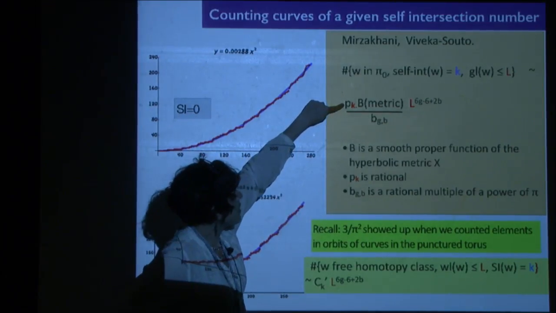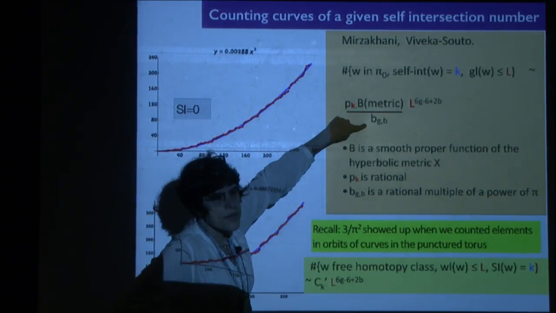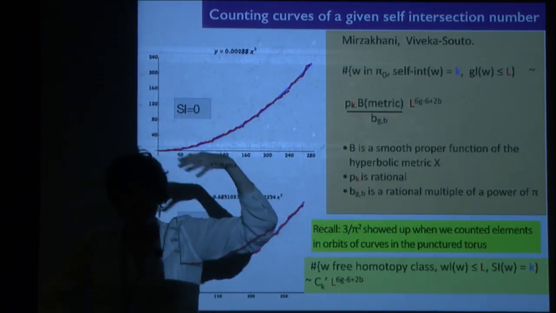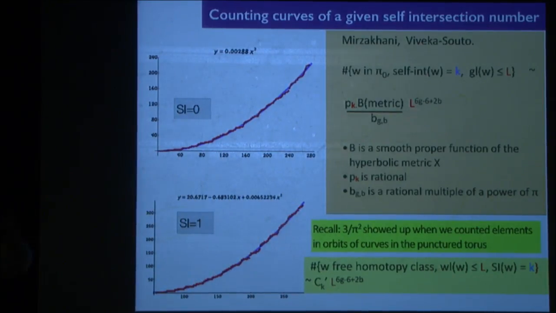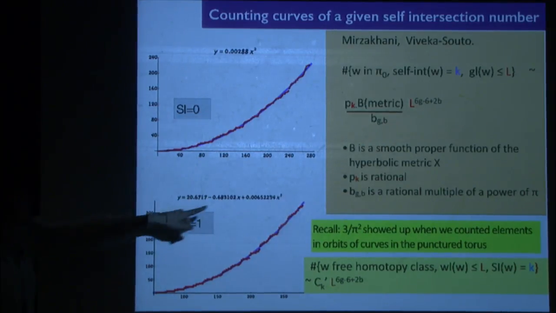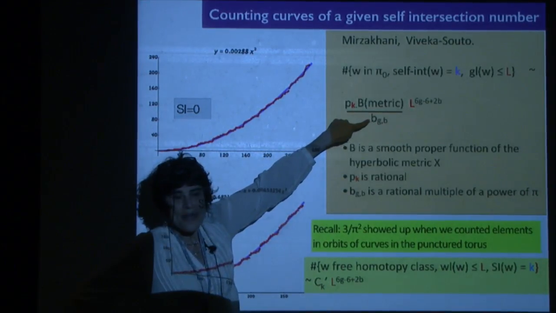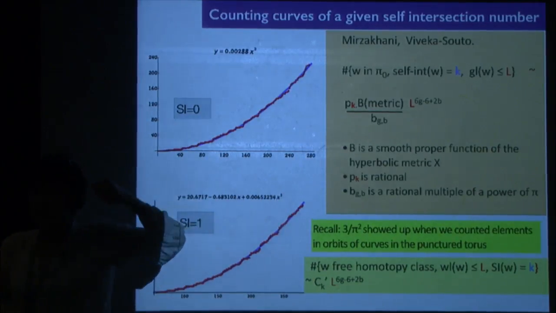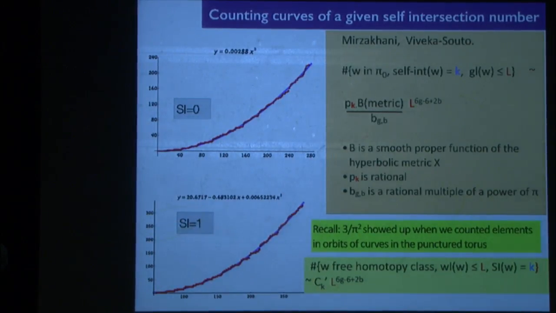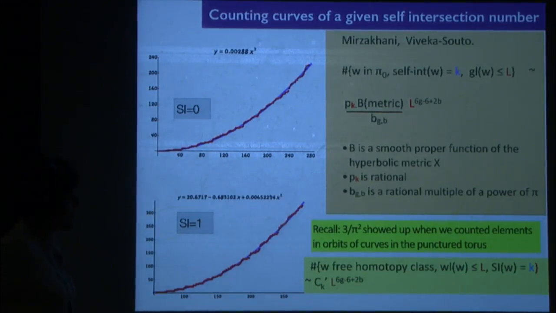There's a rational number here, and this number we know what it is. It's some power of pi times a certain rational, and we can say more about the rational in a second. Now this one is the pi squared that appeared when we were counting curves in the torus, which is related to the number of relatively prime elements that add up to L.